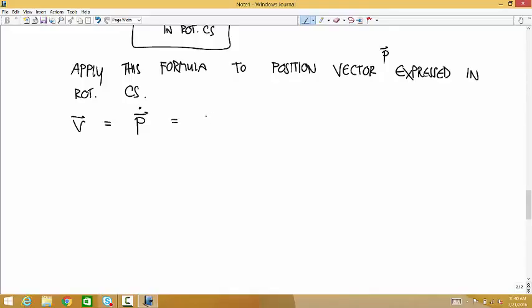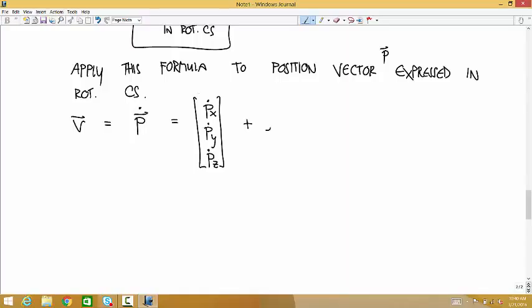And that's equal to the time derivatives of the components. That's what we're used to thinking of as the velocity vector. But now we also have to account for those rotating axes.